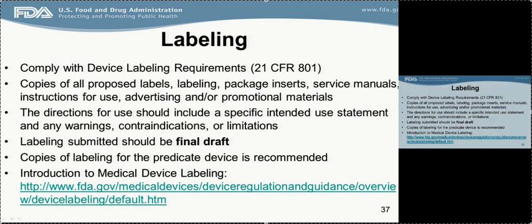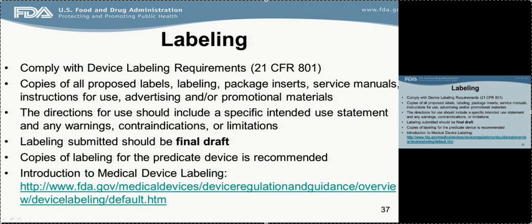Within your 510(k), you should provide your proposed labeling for your device. Your device labeling should comply with the requirements of 21 CFR 801. Copies of all your proposed labeling are recommended, including your package insert, service manuals, instructions for use, advertising, and/or promotional materials. The directions for use should include your specific intended use statement and any warnings or contraindications or limitations for your device.